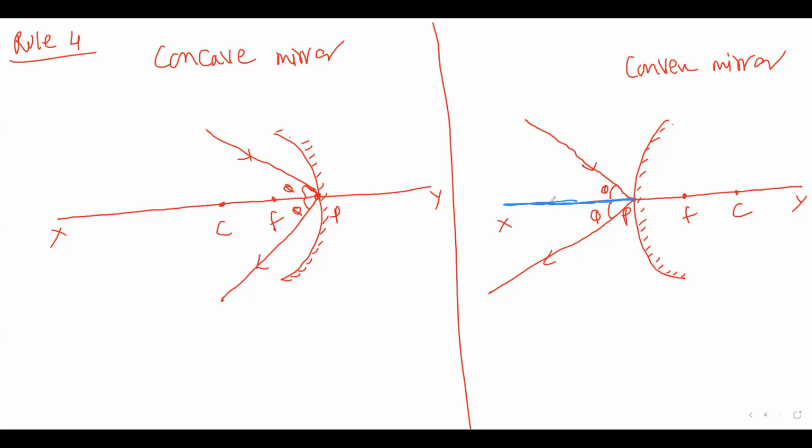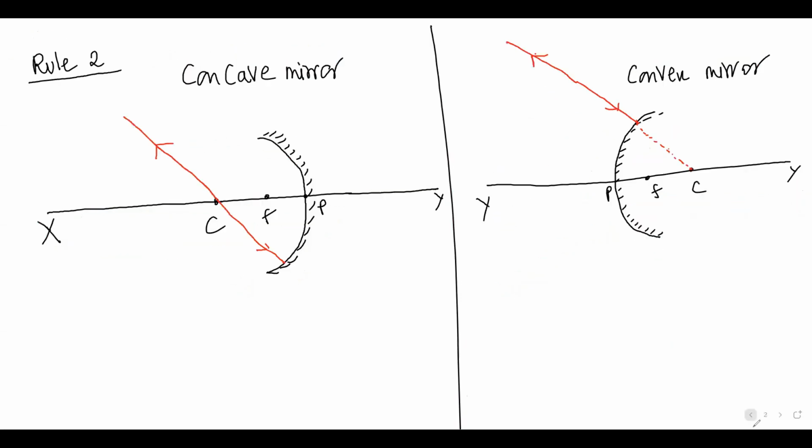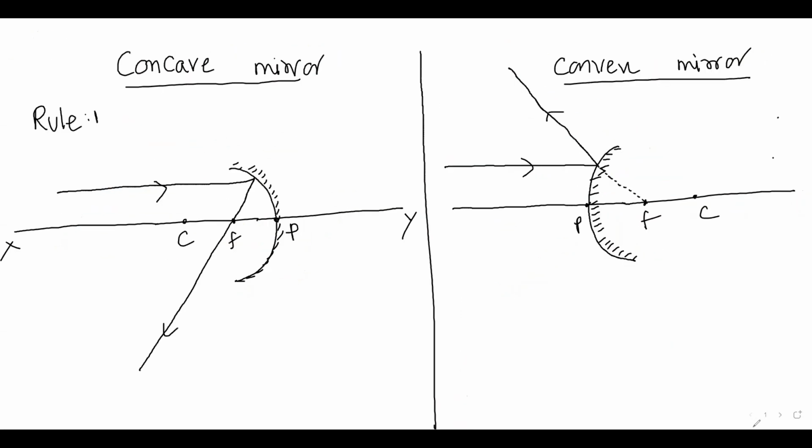That means zero angle with the principal axis. So it will return back along the principal axis. Why? Because the angle made is zero. It has to maintain the same angle. Got it? Yes. So these are the 4 rules pertaining to convex and concave mirror.